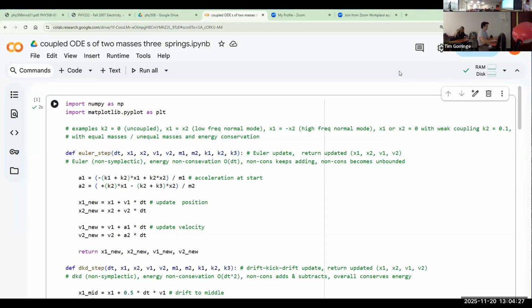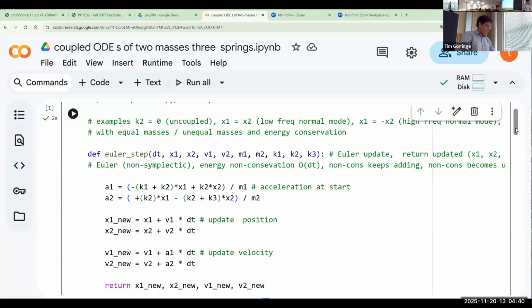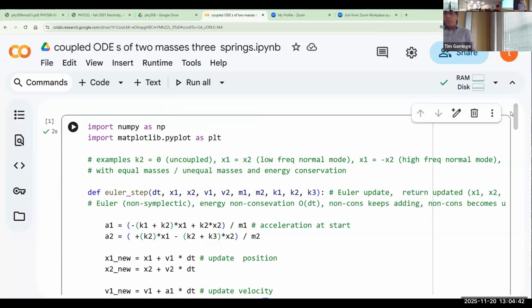So here's my code. In my code, I've made user functions.